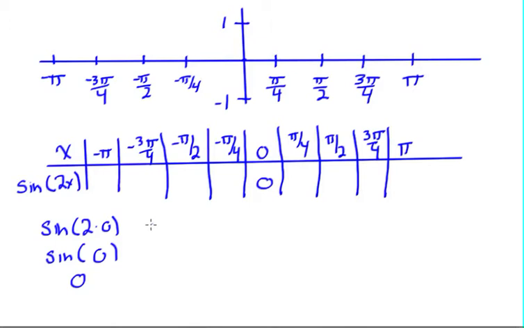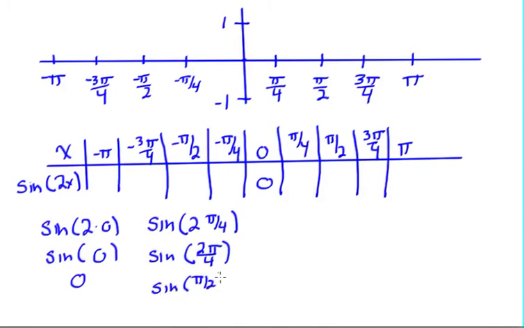Moving on to the next point, pi over 4. Sine of 2 times pi over 4. Now we're going to do 2 times the pi, always the whole number, times the numerator when you're multiplying fractions. So that's 2 pi over 4 is what we end up with. And then this needs to be reduced, so that'll become the sine of pi over 2, which we all know to be 1.